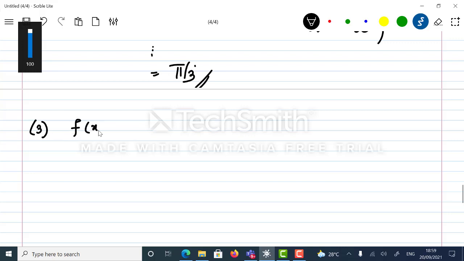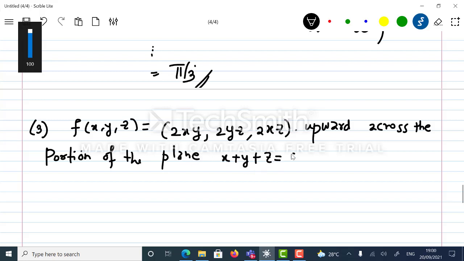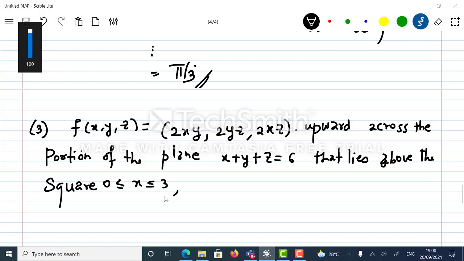There is question number 3. So f of x, y, z is given as 2xy, comma, 2yz, comma, 2xz, upward across the portion of the plane, that is the tetrahedron x plus y plus z equals 6, that lies above the square, x between 0 to 3 and y between 0 to 3 in the xy plane.